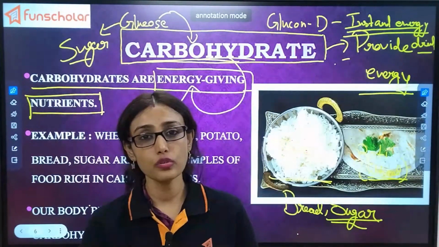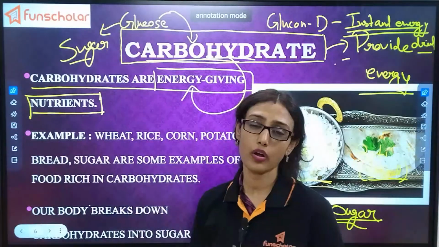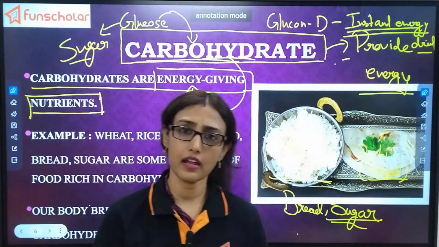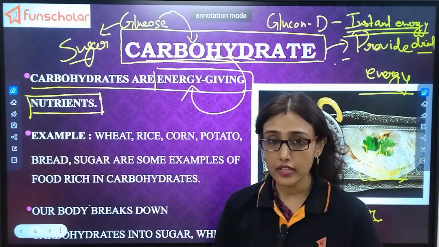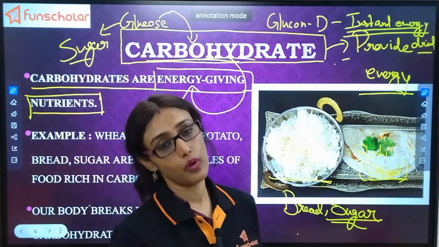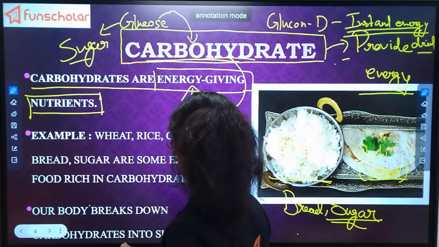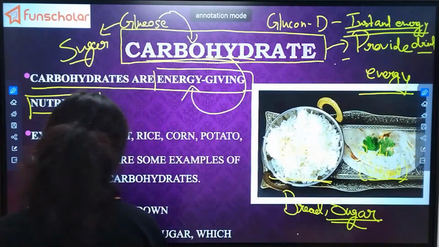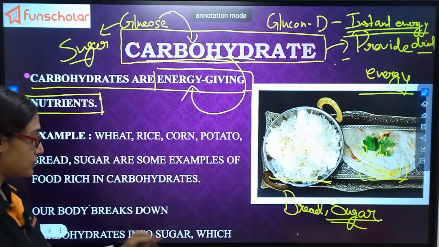So you lose your energy while doing too much exercise or playing or in school working, studying for hours. Then you take what? You take this Glucon-D or anything of sugar. It will give you what? Energy. I hope you have understood that. Okay. Our body breaks down carbohydrate into sugar.